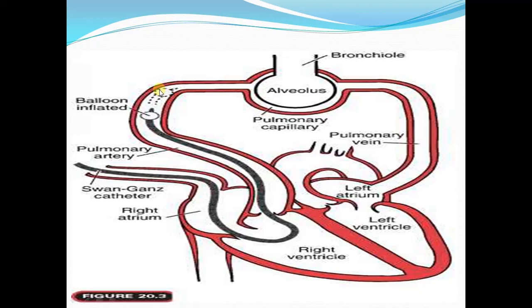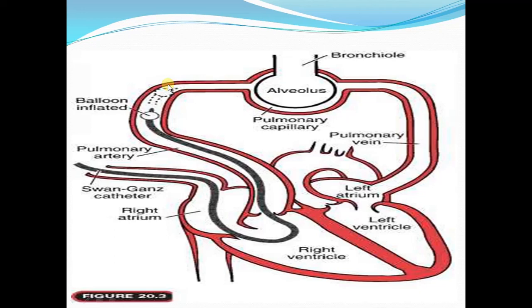At the point where it wedges a small branch of the pulmonary artery, the pressure is measured, and this pressure is called pulmonary wedge pressure.